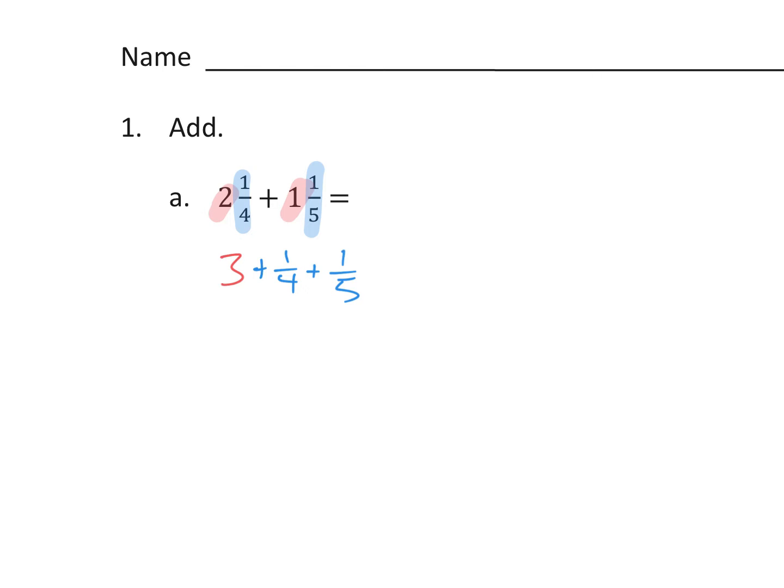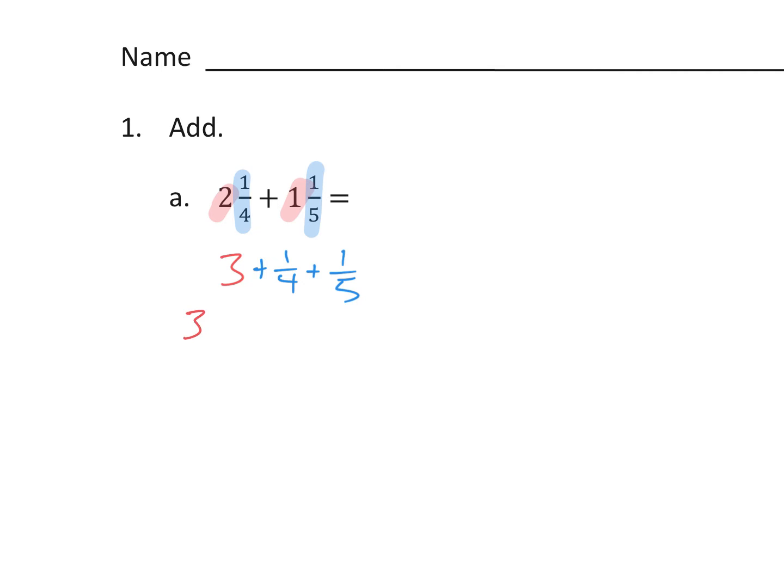So now I have to add these together. And remember, just like we've been doing, we're going to take the bottom number and multiply it by the top and bottom of the other fraction, the 5 times the 4 and the 1. That gives us a common denominator so we can add them together. So let's bring everything down.